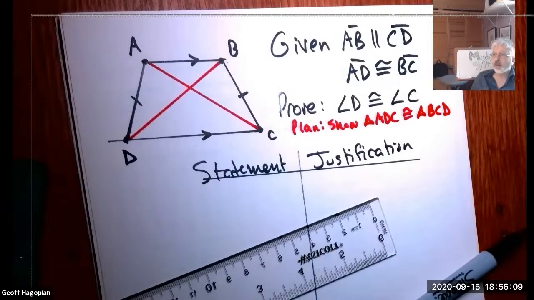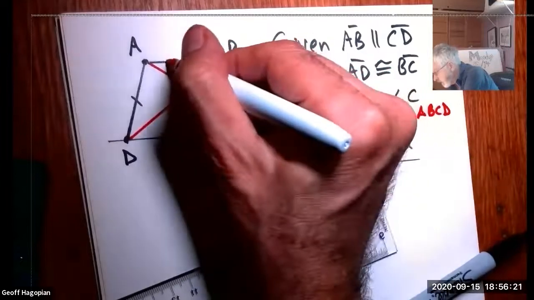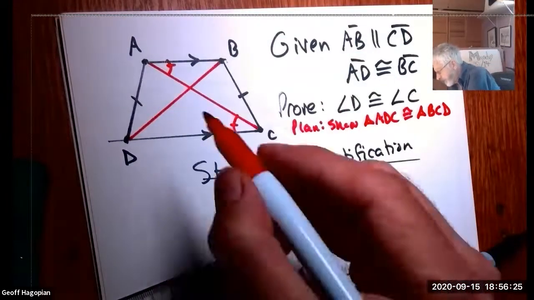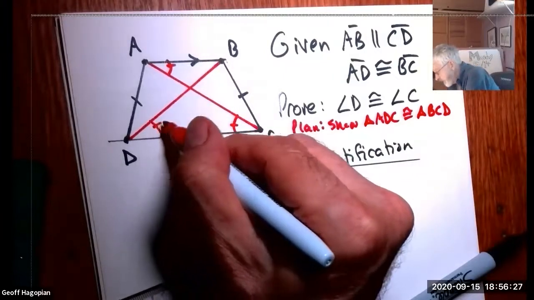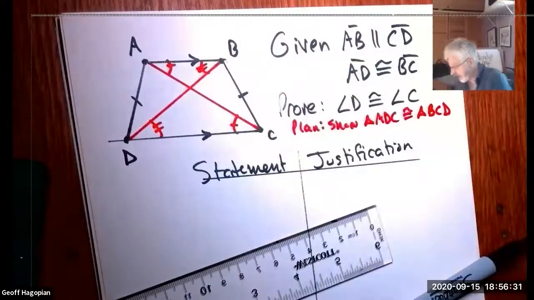Well, we have one congruent side. Do we have congruent angles? Well, because those sides are parallel, I know this angle is congruent to that angle, right? And this angle, we don't know that it's congruent to the other angles, which I think it is going to be, right?